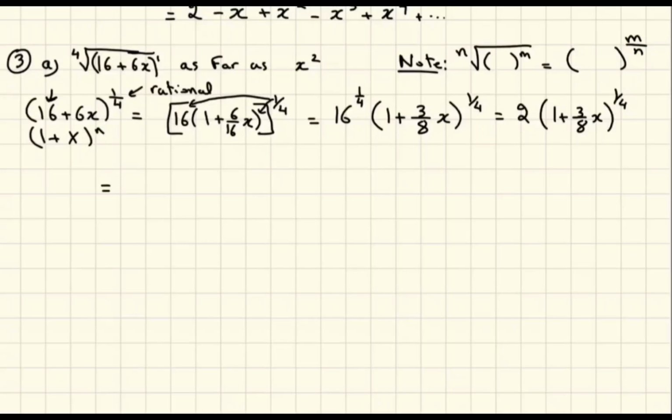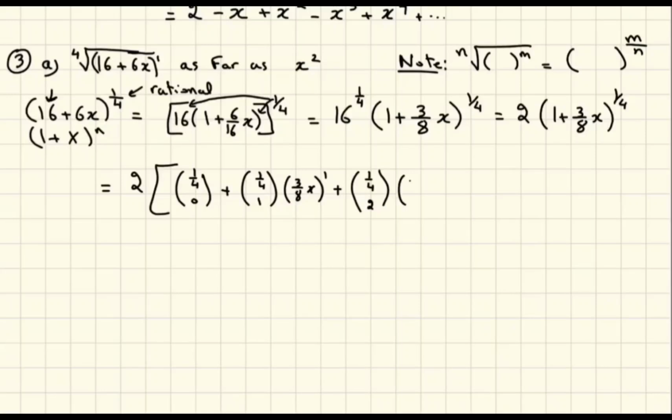Let's expand this. So the 2 stays 2, and I'm gonna expand inside the bracket. Alright, so I'm gonna start with nC0, which is 1 over 4 C0 plus 1 over 4 C1, and big X in this case is 3 over 8 x exponent 1 plus 1 over 4 C2 3 over 8 x exponent 2.